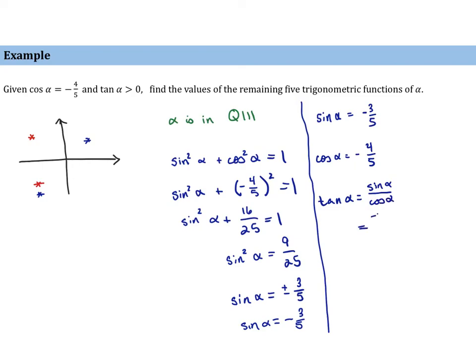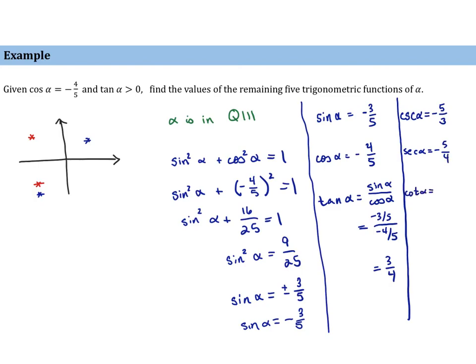So that's -3/5 divided by -4/5, which is +3/4. And then our reciprocal functions: cosecant of alpha would then be -5/3, secant of alpha is -5/4, and cotangent of alpha is 4/3.